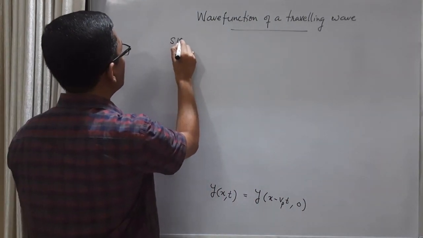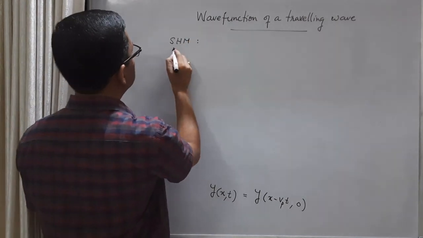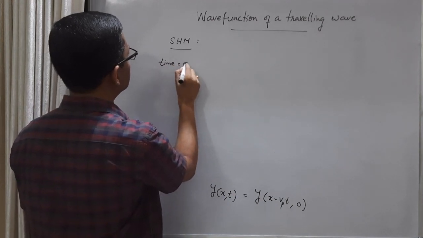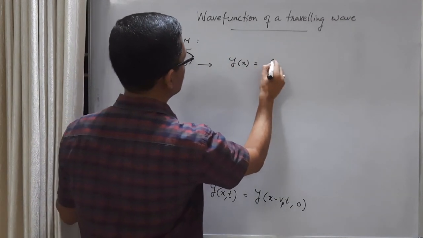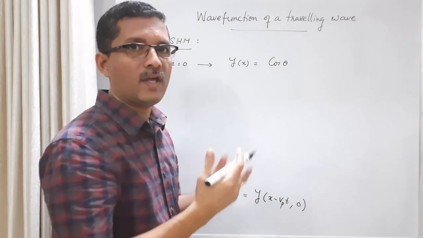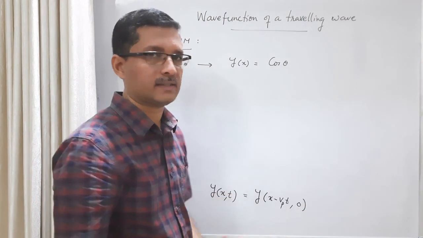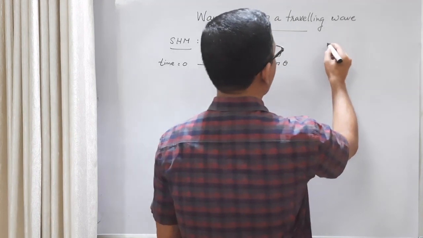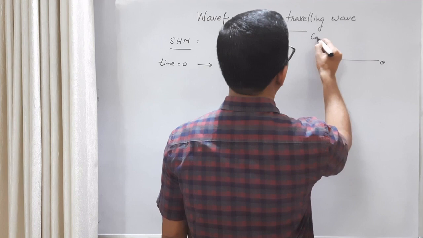So if it is a simple harmonic wave, then at the time 0, y of x is equal to some cos theta, where theta is the phase of the wave. How do we write theta in terms of the position x? This is the plot of a cos function, cos theta.